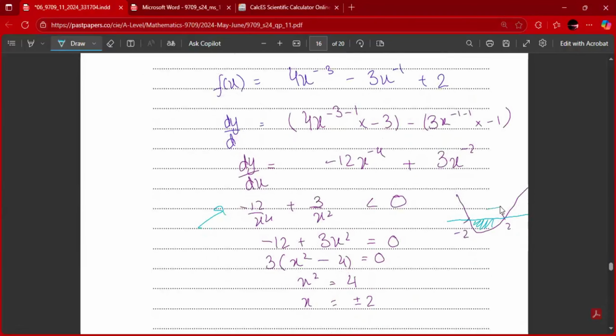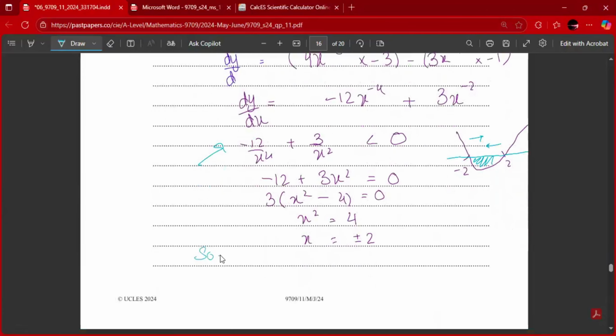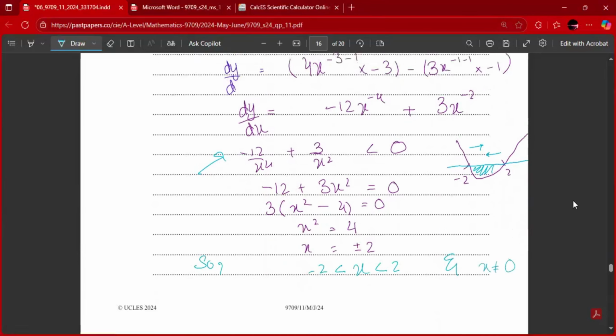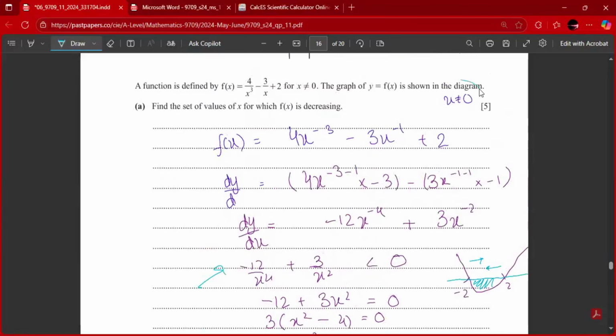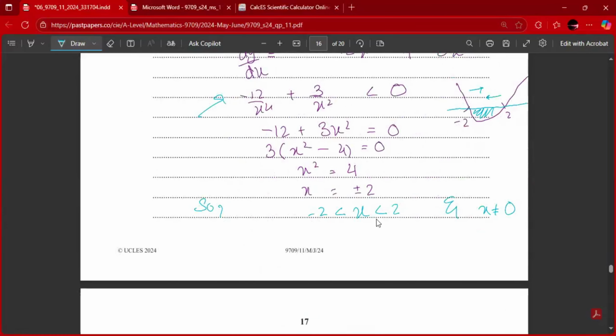That means x should be lesser than 2, greater than minus 2, and x is not equal to 0, because this was the condition that was given already. If we don't write that x should not be equal to 0, that means in this range there is a 0 and it is going to be included. So totally wrong. Now let's see the answer.